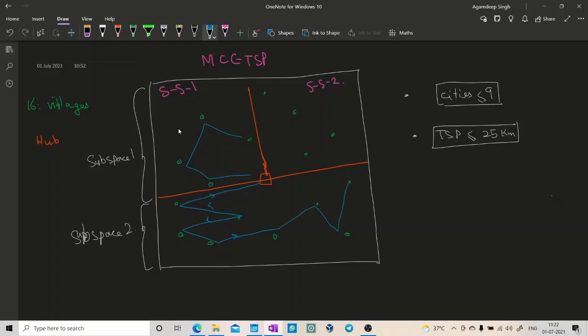This is the TSP route, and we report it. But say in subspace 2 the TSP distance is not satisfied. As you would guess, I will again start drawing lines, dividing it. Say I divide it like this, and now on each half both the city constraint and the TSP constraint are satisfied. So I'll just generate routes and report this.